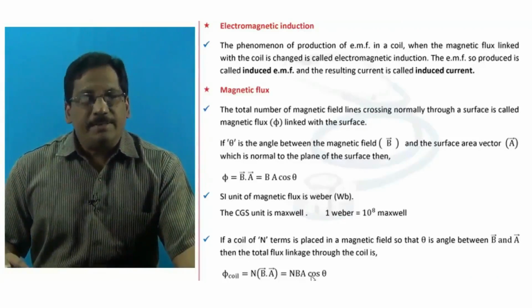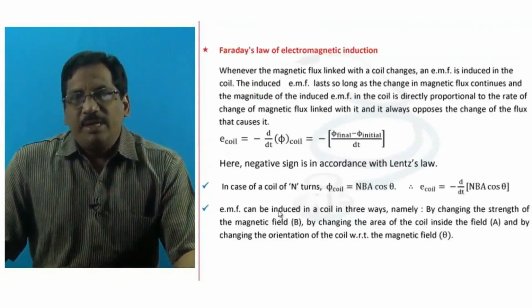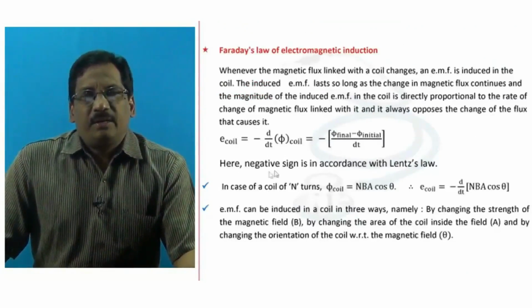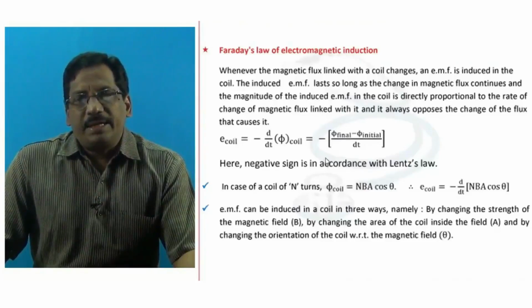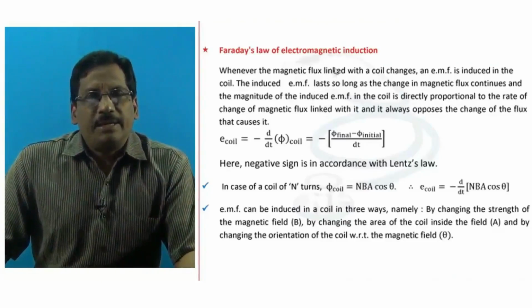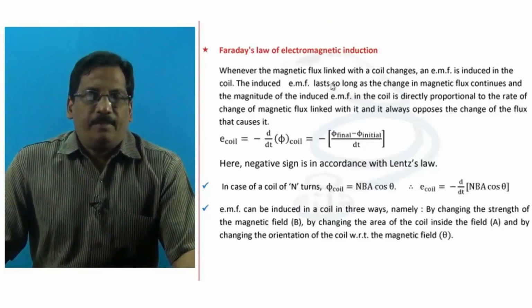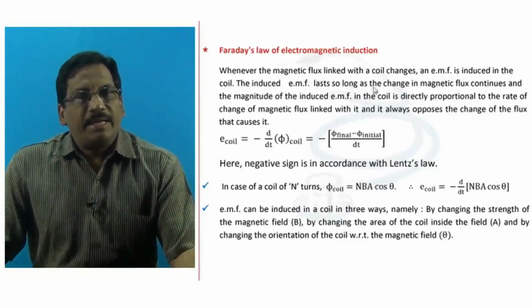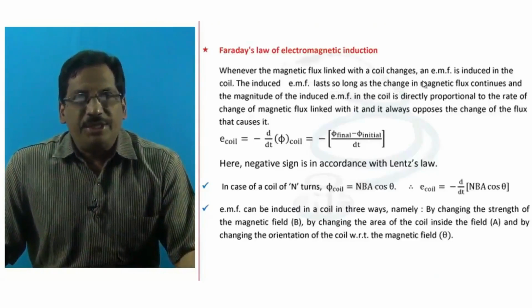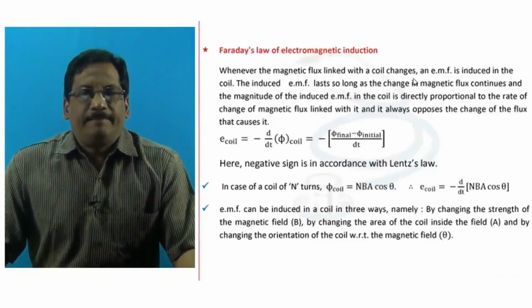And now, to understand a numerical expression for the electromagnetic induction, that is the EMF induced in a coil, we have to study Faraday's law of electromagnetic induction. Whenever the magnetic flux linked with a coil changes, we said an EMF is induced in the coil.